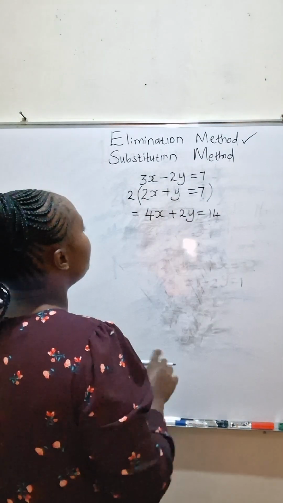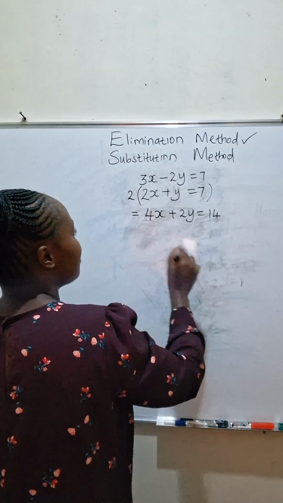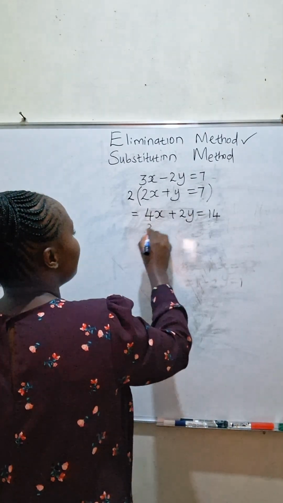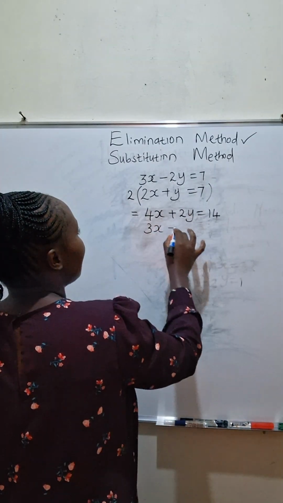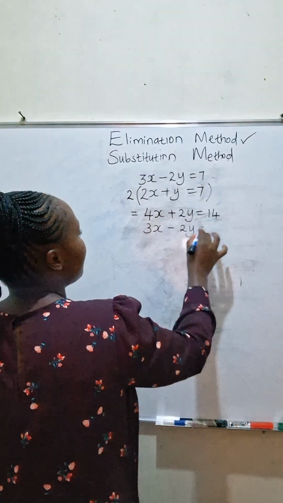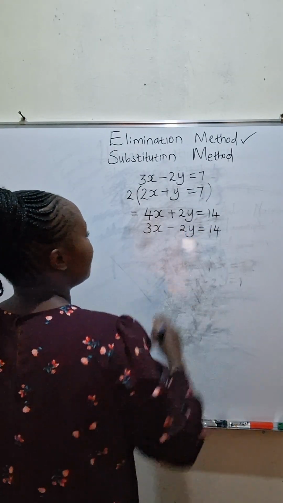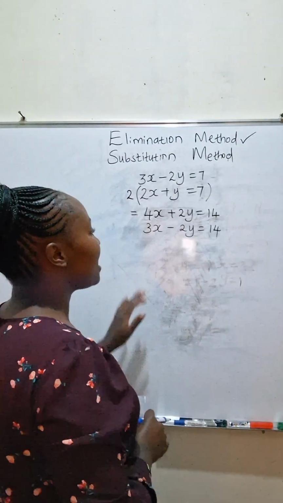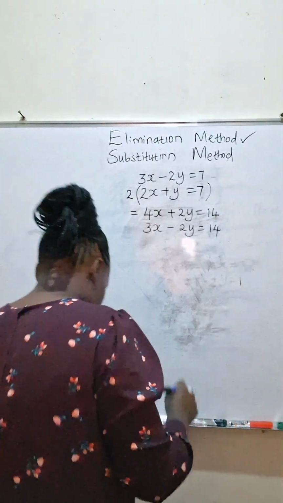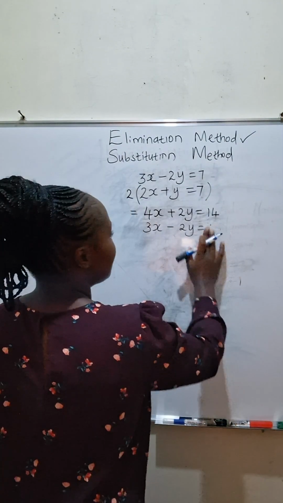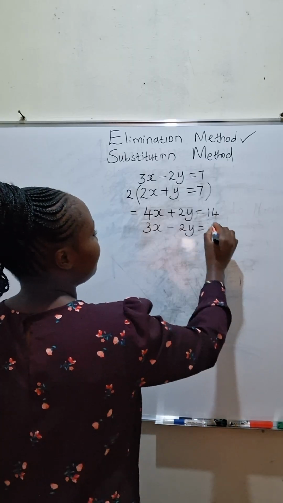We can choose to put this other equation down here, the position doesn't matter. So I can put my 3x minus 2y equals 7, okay?